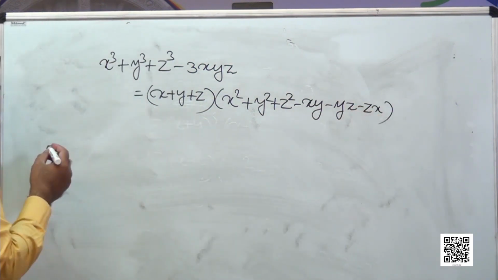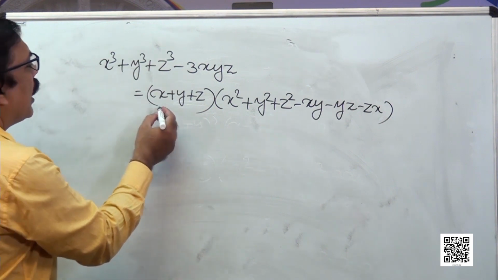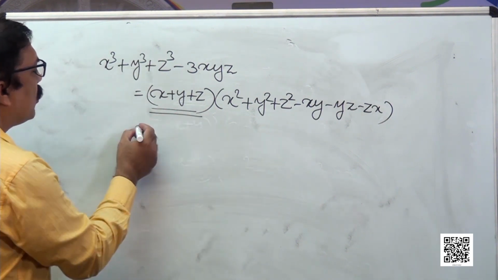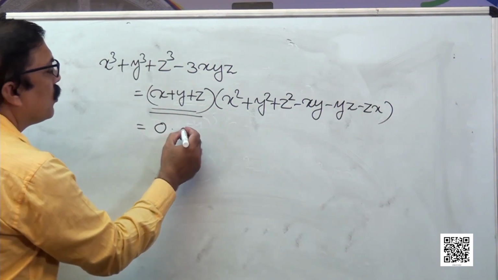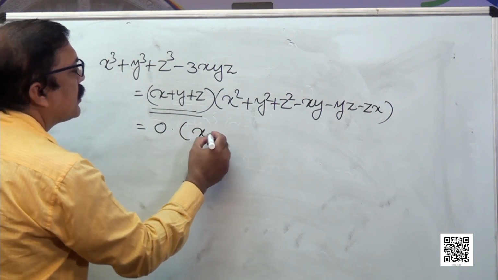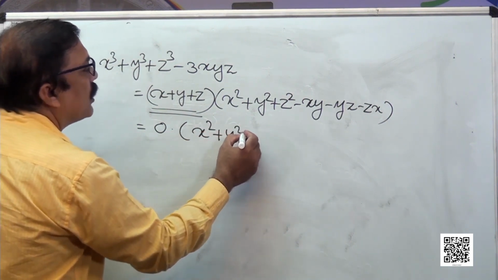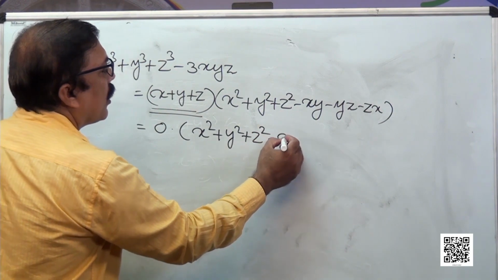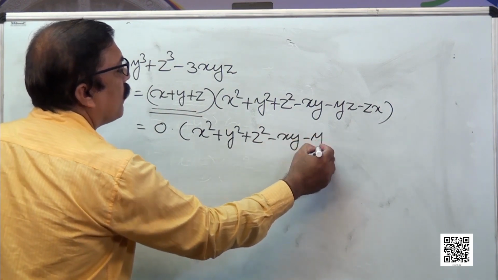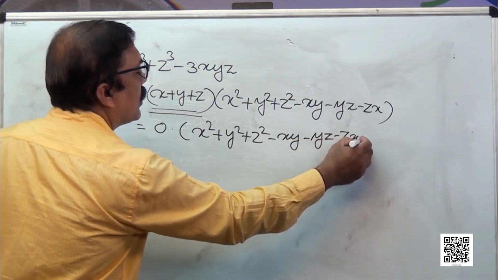And from this, as x plus y plus z is 0, this is 0 into something, that is x square plus y square plus z square minus xy minus yz minus zx.